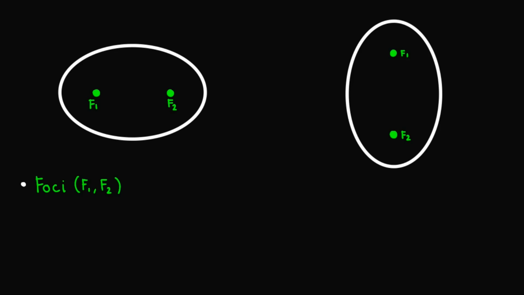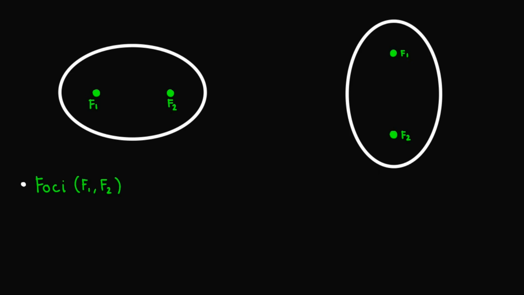So essentially, foci are two fixed points that are used in defining what an ellipse is. So take note out here that the foci are placed along or parallel to the horizontal x-axis, and this one, it is parallel along the vertical y-axis.